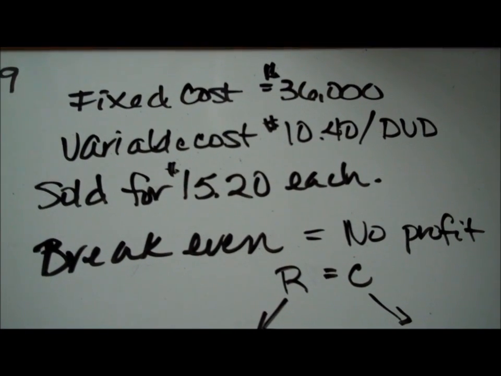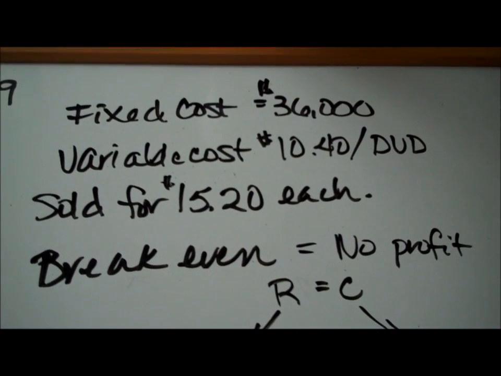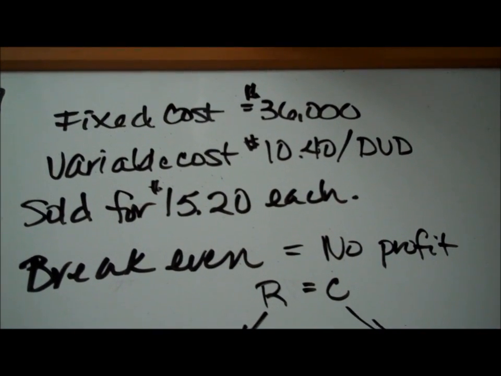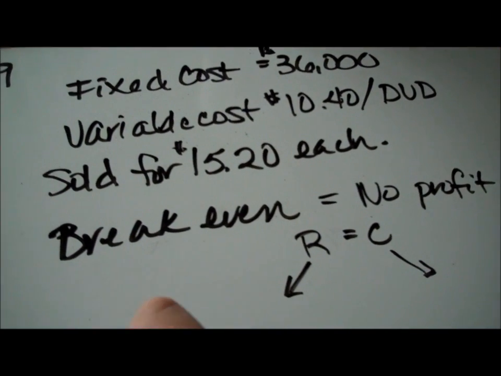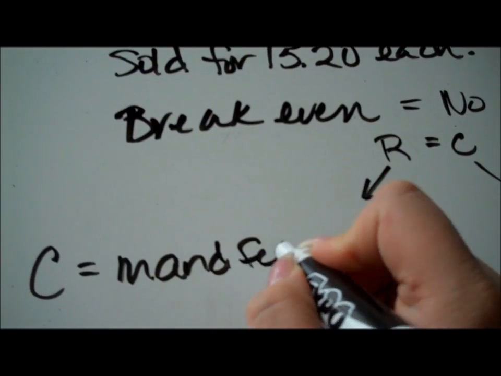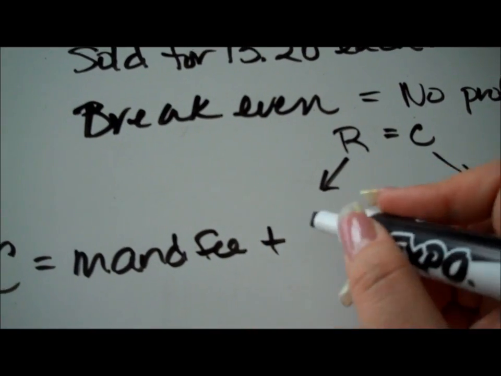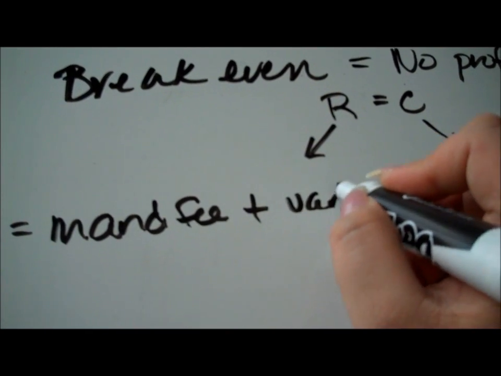Then they're going to charge you per however many items that you're going to make. So we have a fixed cost and a variable cost. So again, we have like a mandatory fee, and then we have plus, what they call like a variable fee.